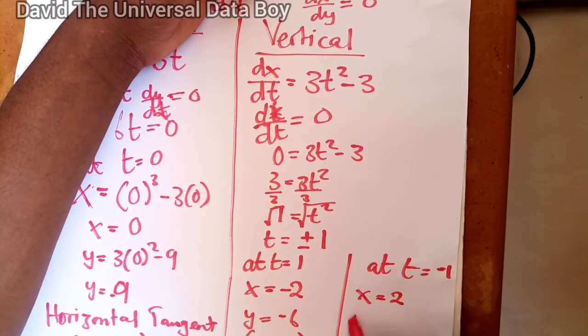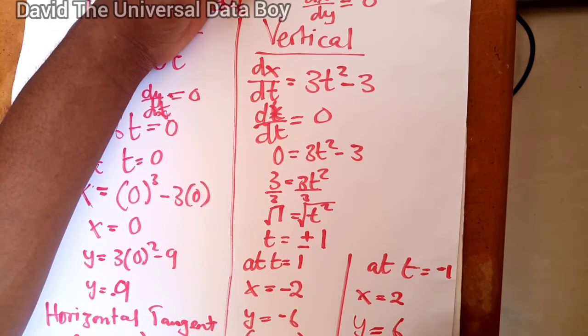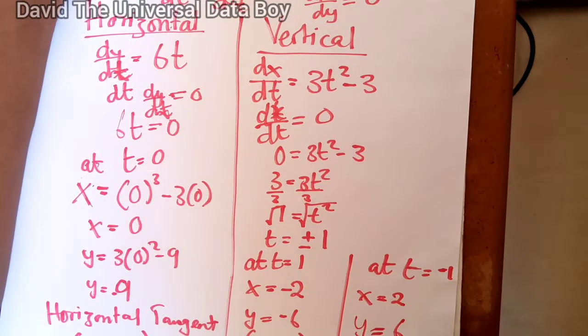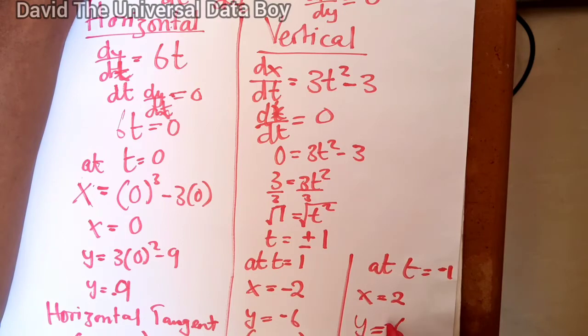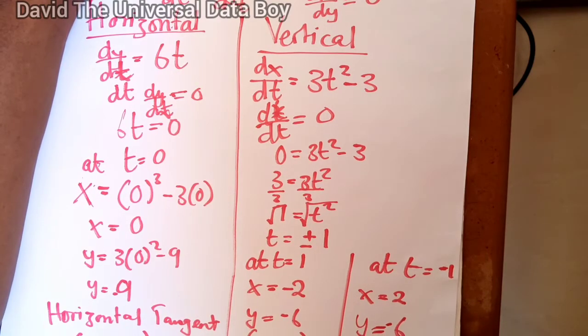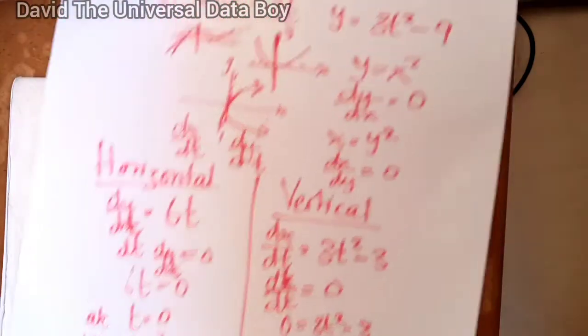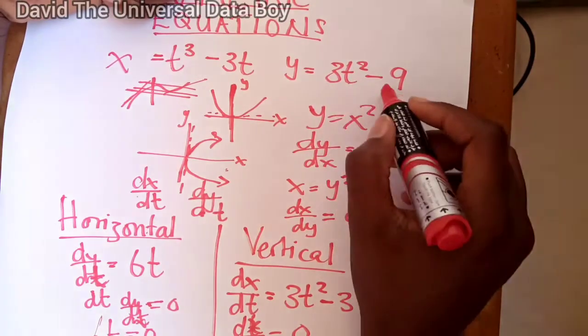So y is equal to negative 6. So we have our vertical tangents at 2, negative 6 and negative 2, negative 6. Yeah, y was negative because we have 3 minus 9.